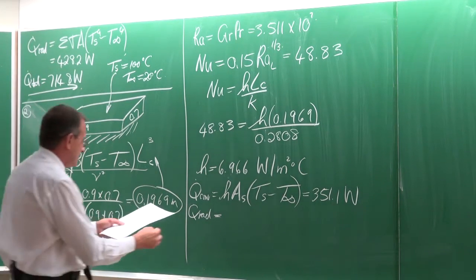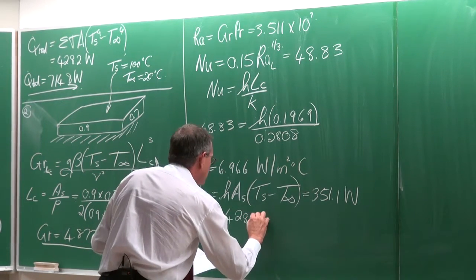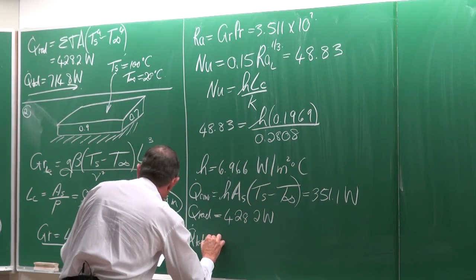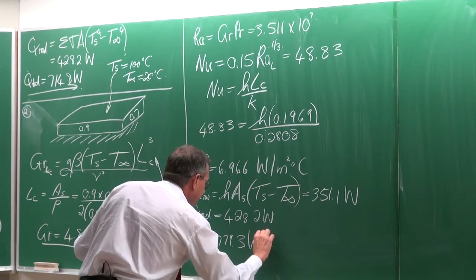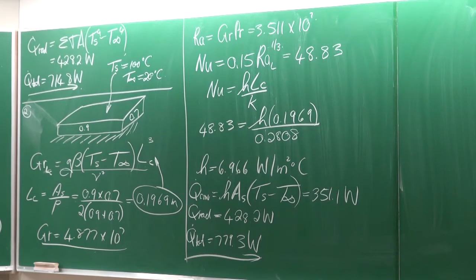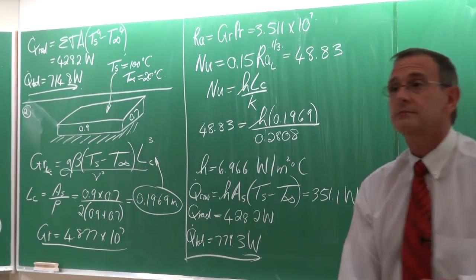Okay, so the radiation heat transfer is going to be the same, 428.2 watts, and therefore the total heat transfer rate is equal to 779.3 watts. Okay. So we can see it is higher in the case of the horizontal plate. Does that make sense?